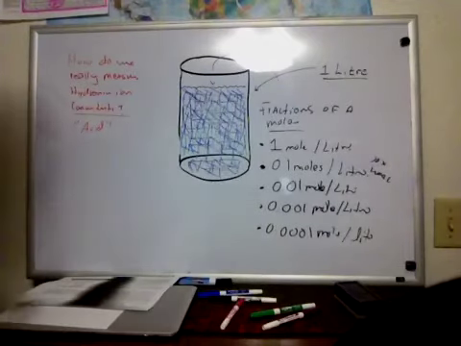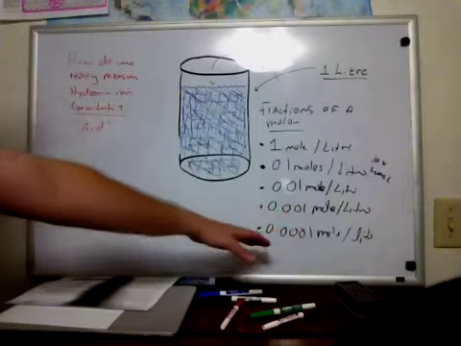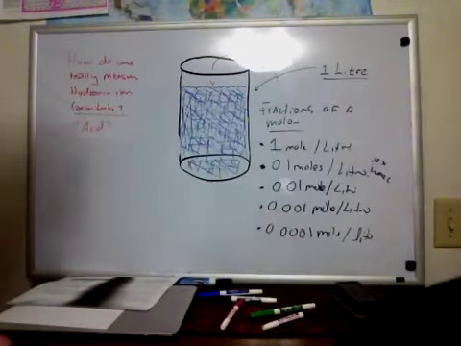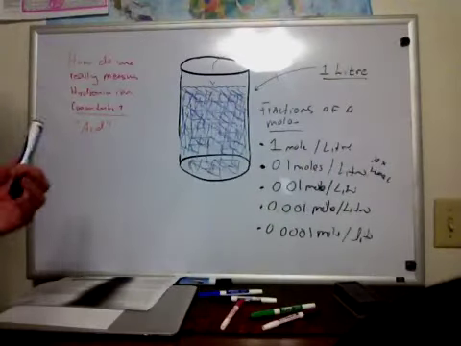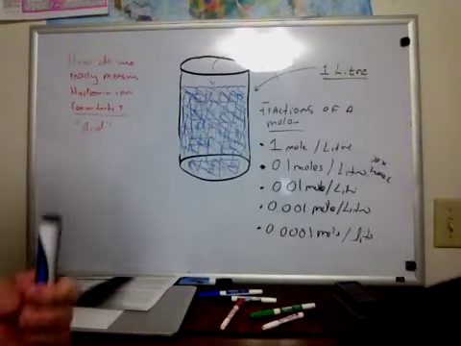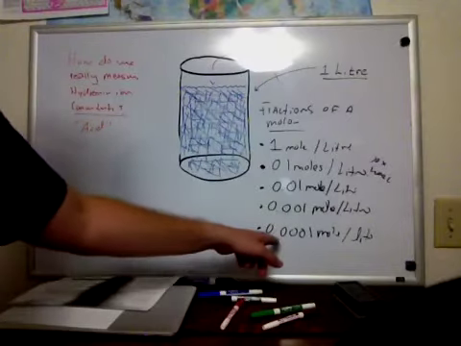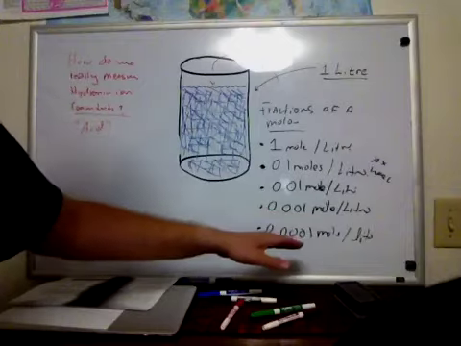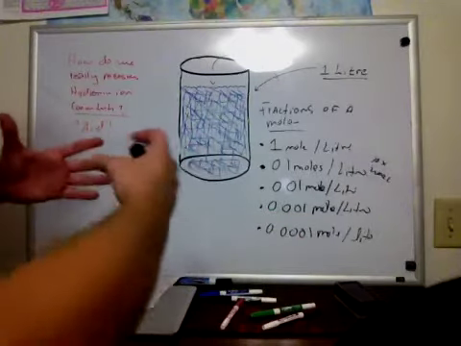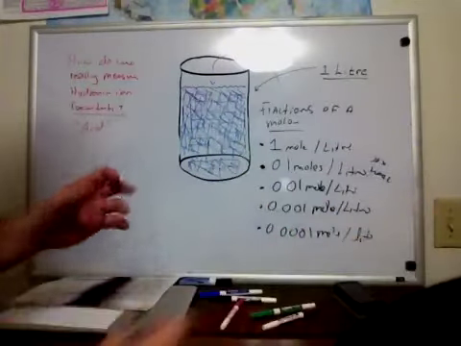Now clearly, as I make this weaker and weaker, as I have less and less acid in here, my concentration decreases, and I'm going to have a whole lot of zeros. And when we talk about documenting and charting in regular situations, these numbers are going to be very difficult to work with. First of all, because it's easy to make a mistake, and second of all, because charting is going to be just massive, with all these points and this and that.